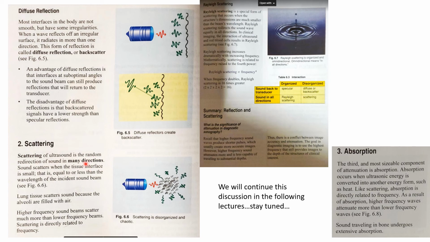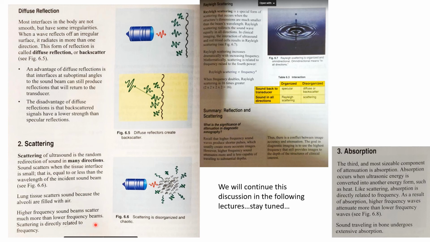Also, scattering can happen, especially when you're striking a very small object, and that's especially an example when you're doing studies about lung tissue. Higher frequency sound beams scatter much more than lower frequency beams. Scattering is directly related to frequency.